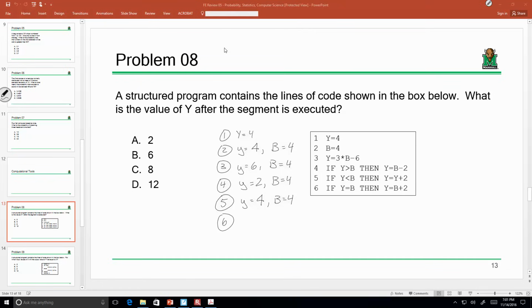Does y equal b? So then y becomes b plus 2, y becomes 6. That's the whole point. It's not hard.